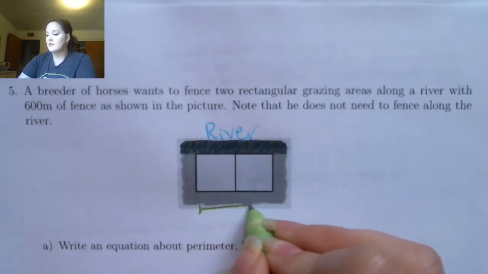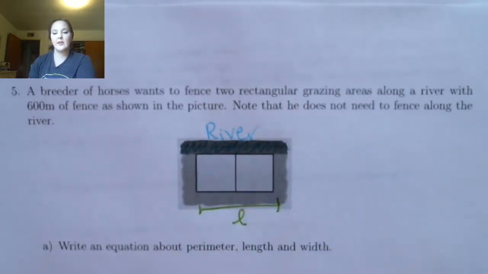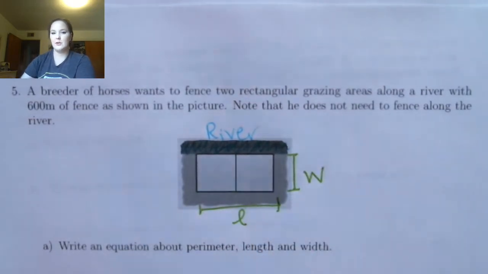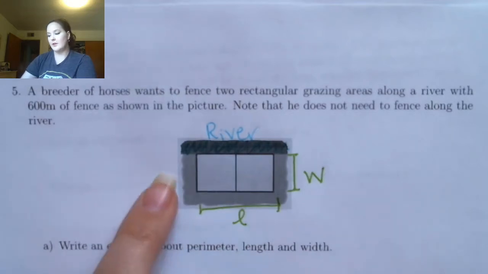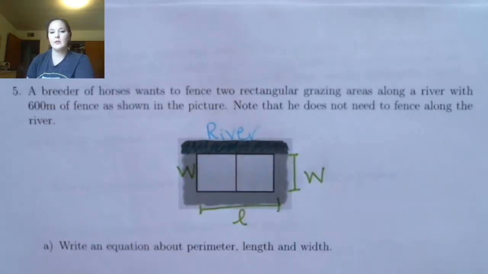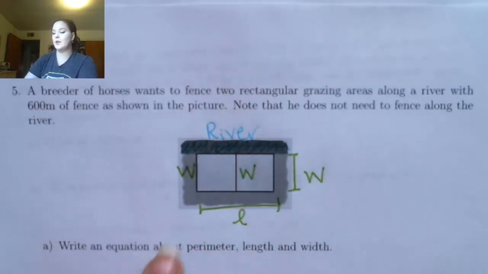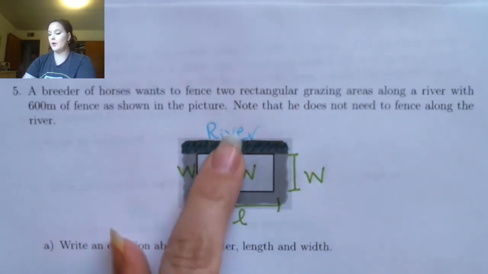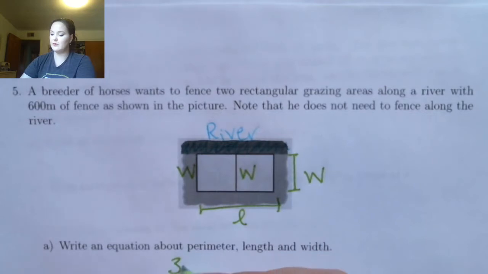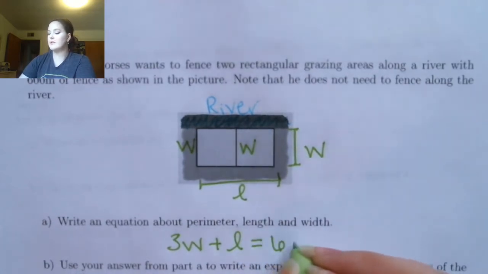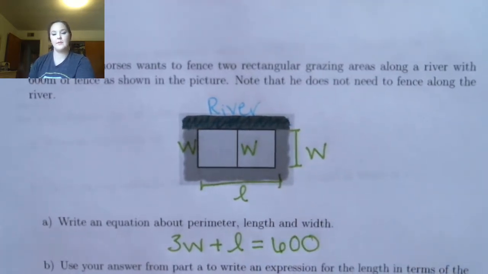I'm going to label this length here as L, and this side here as W. That also means that this other side is W, and the center is also W. So when we're looking at the total amount of fencing he's going to have to do, he'll be fencing 1, 2, 3 W and L, for the total amount of fencing, which was given as 600.